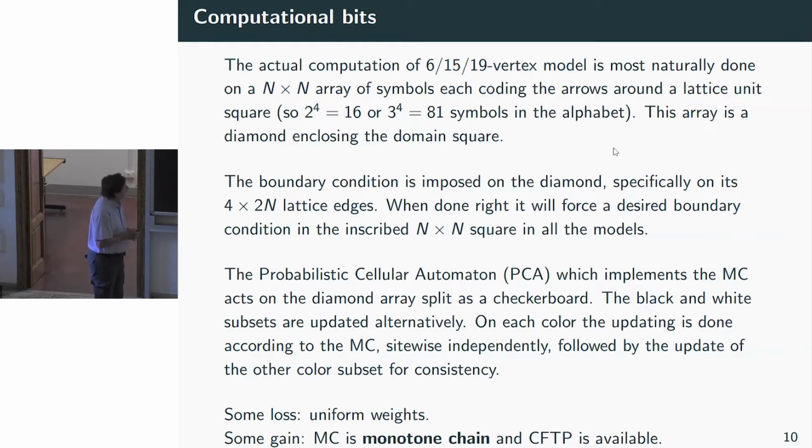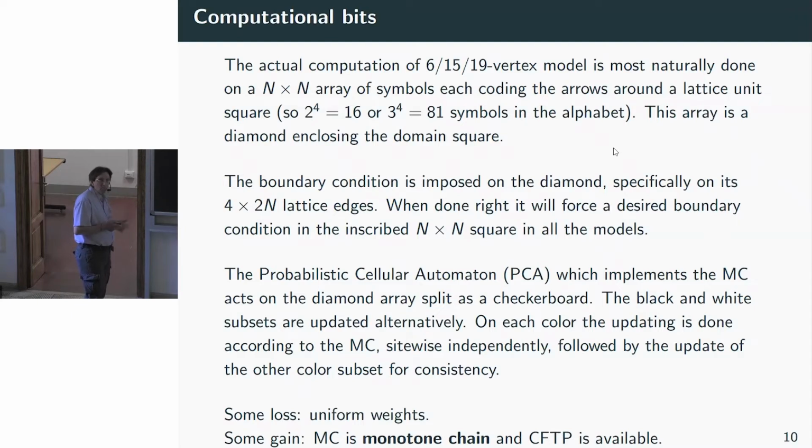Now, coming back to this question about the weights, the static weights, the only ones that will definitely work are the uniform weights, because when you do this, for instance in the 6-vertex model, if you do the reversal of a unidirectional loop, you interchange A and C type vertex configurations at the corners.